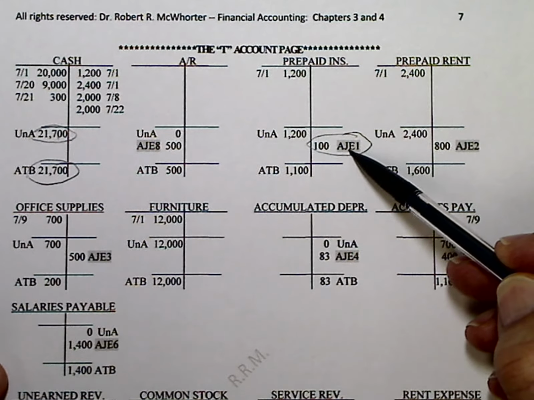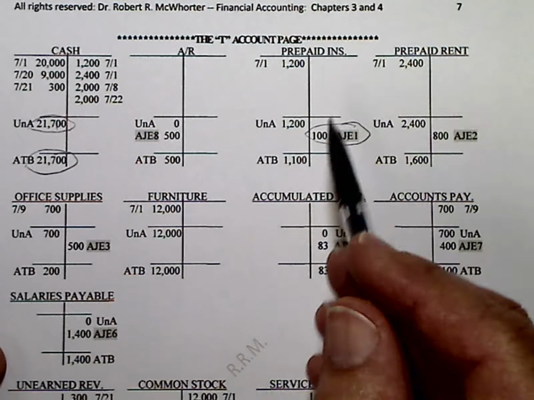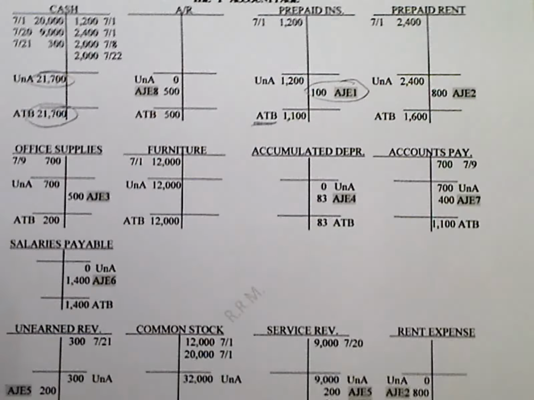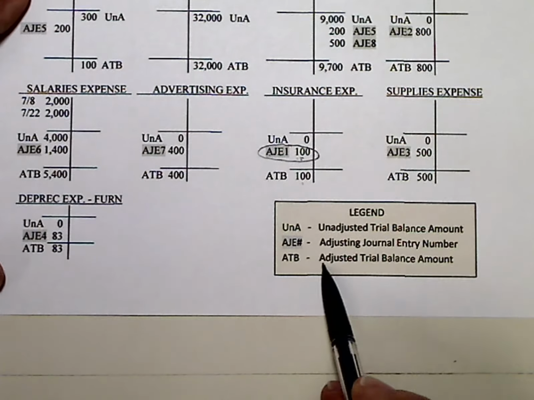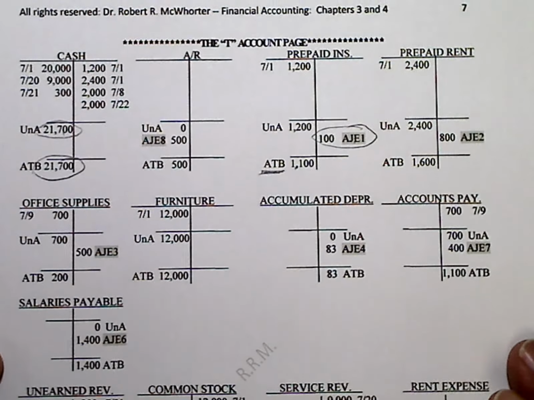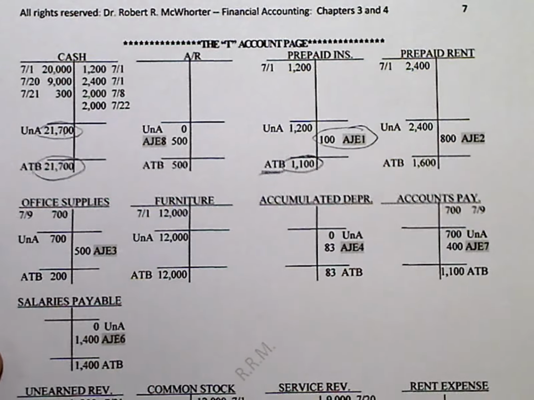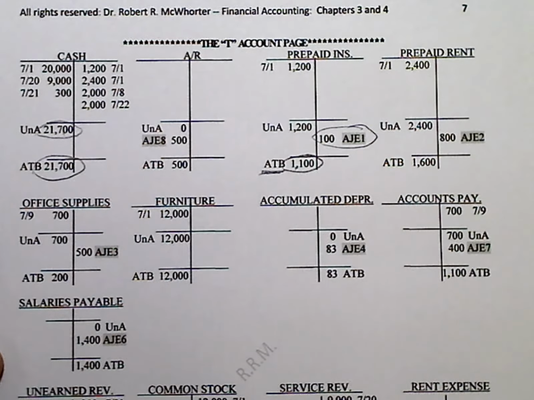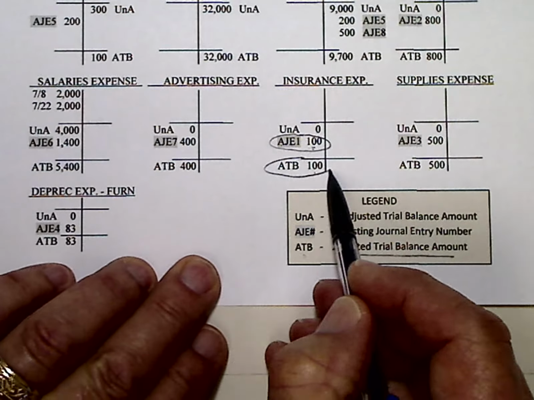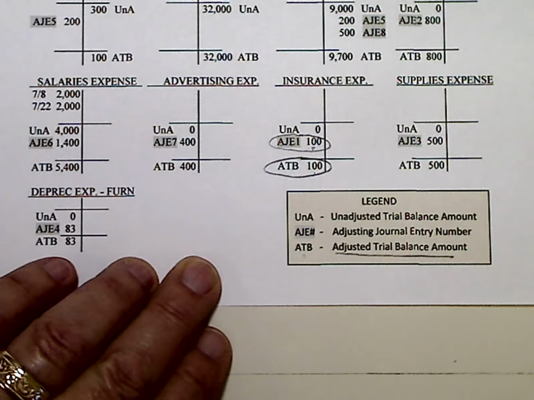We credited prepaid insurance and we debited insurance expense. Now we reflect them on the T accounts. Look at this. What's the key say? Oh, adjusted trial balance. The new balance. The balance is going to show up on our financial statements. Now, correctly, we only have $1,100 of prepaid insurance at the end of the month. And yes, we now have correctly recorded $100 worth of insurance expense.